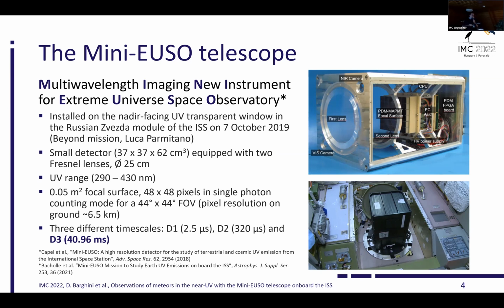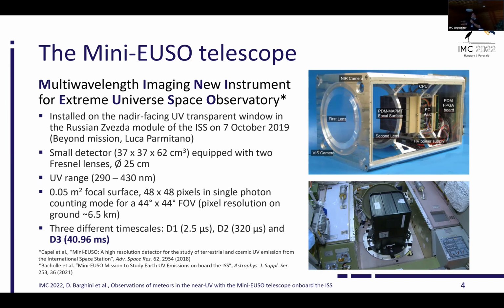The peculiar thing about this instrument is that since it is thought for detecting air showers, so cosmic ray events, it operates at a very short time scale, the first one being 2.5 microseconds. Of course, for meteors this is not good. But the interesting thing is that the Mini-EUSO collaboration managed to have a peculiar data acquisition, which takes data in 3 different time scales at the same time with the same instrument.